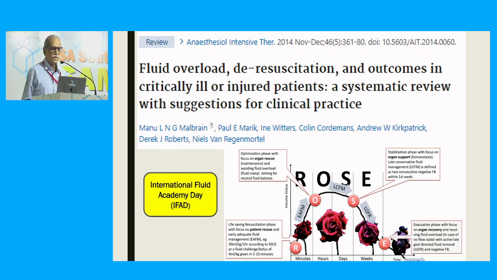They came out with this, again, 4-phase therapy that is starting with resuscitation, optimization, stabilization, and evacuation. Evacuation phase with a focus on organ recovery and resolving of the fluid overload that happens in these patients with active late goal directed fluid removal and achieving a negative fluid balance.